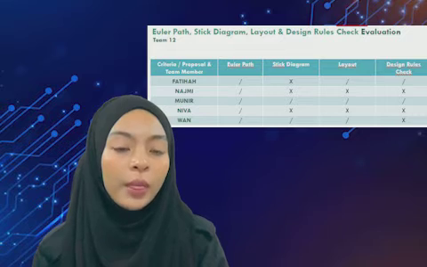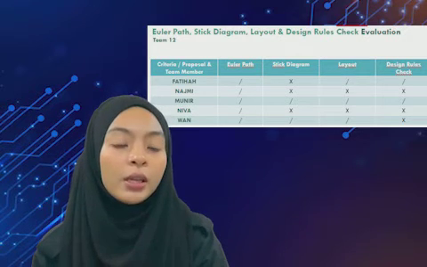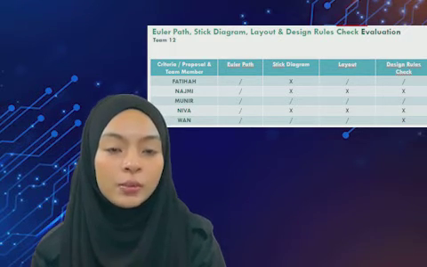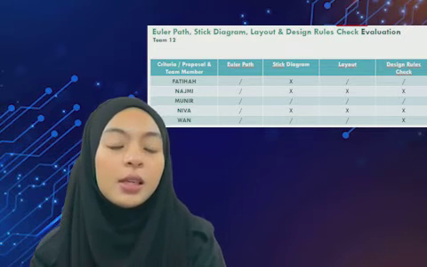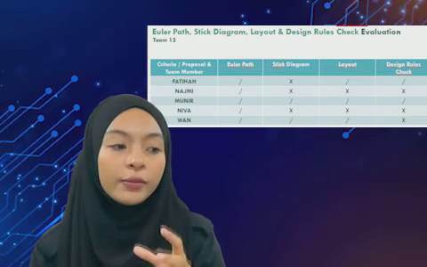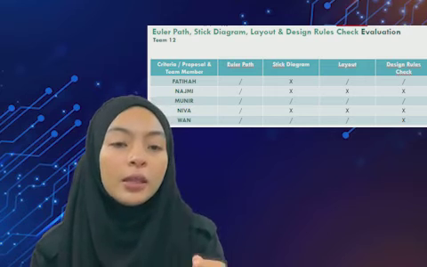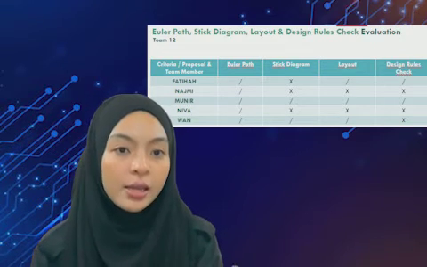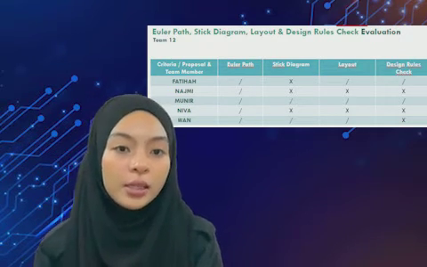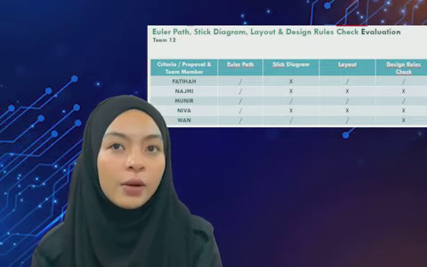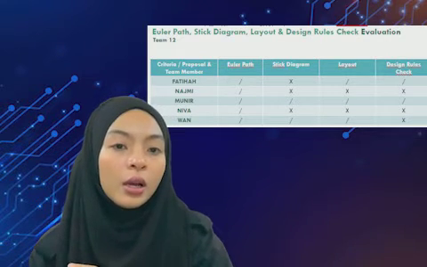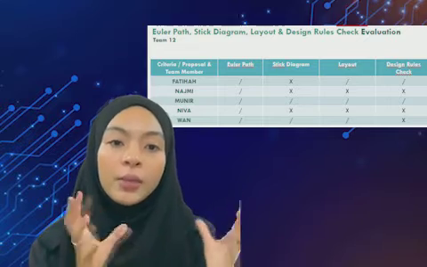Before we continue in Mentor Graphics, based on the roles and responsibilities, we have to pick the best Euler path, stick diagram, and layout plus DRC as our guideline for moving on in Mentor Graphics.